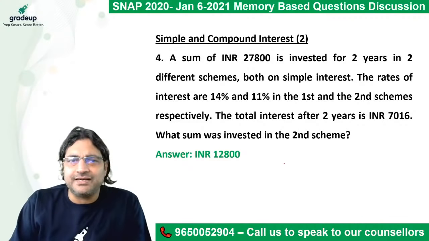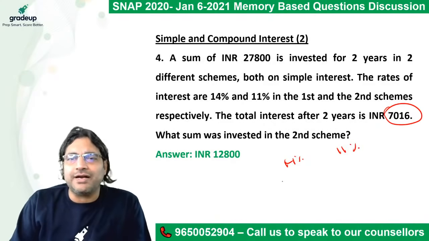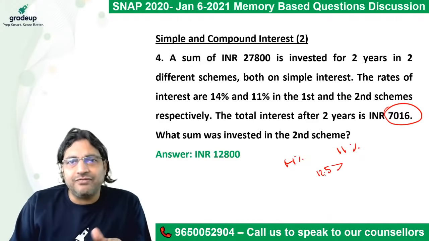Look, the rate of interest was 14% and 11%. The overall rate of interest, if you calculate, is more than 12.5. Had it been just 12.5, look at 14 and 11, the sum is 25, the average is 12.5, then we would have divided 27,800 equally.